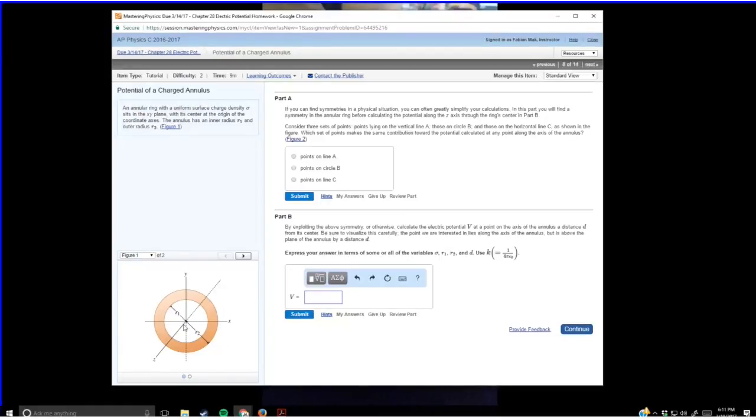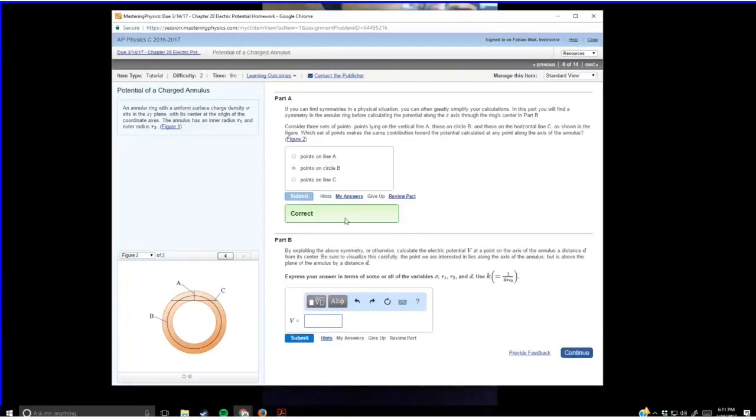We want the electric potential at some point z away from the center, so we want all the points that have the same contribution towards the potential at that point. Those points are all going to be equidistant from the axis.